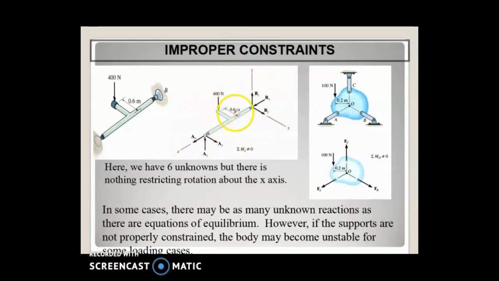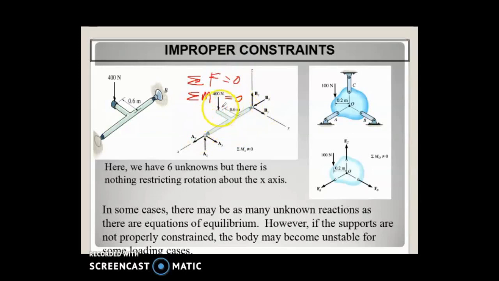If the structure is in equilibrium, the structure is static, because the summation of F and the summation of M are equal to 0. Equal to 0 means that the structure is in a static condition, there is no movement.